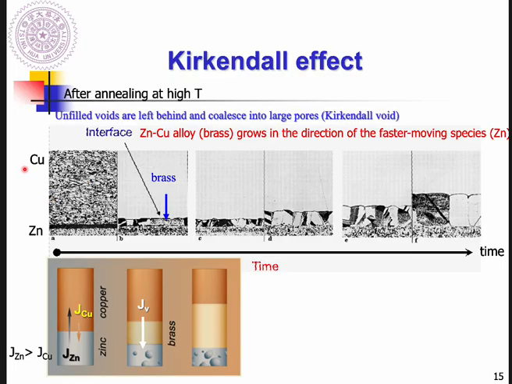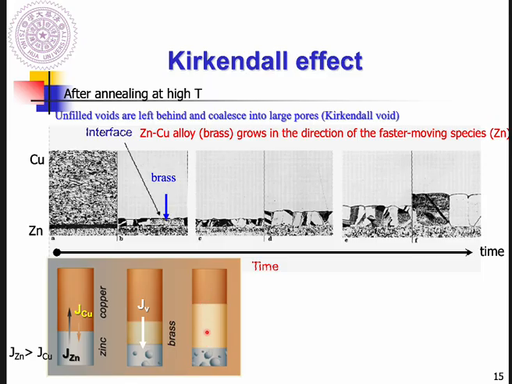We have a zinc-copper diffusion couple, and we heat these materials up. As we learned before, the zinc flux is larger than copper. So that will lead to a vacancy flux moving downward, and you should observe void formation at the zinc side.